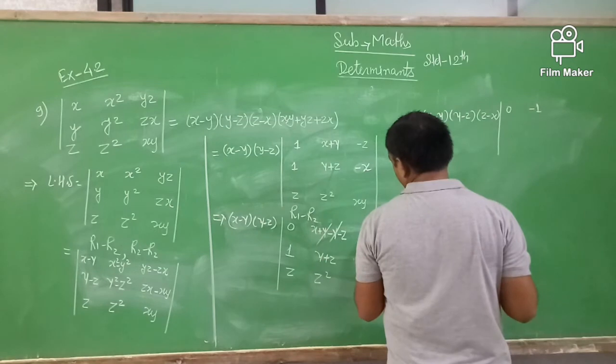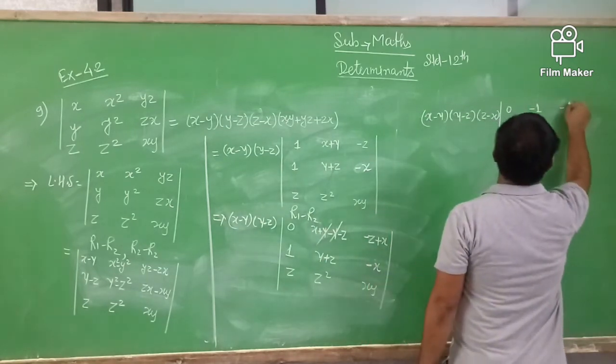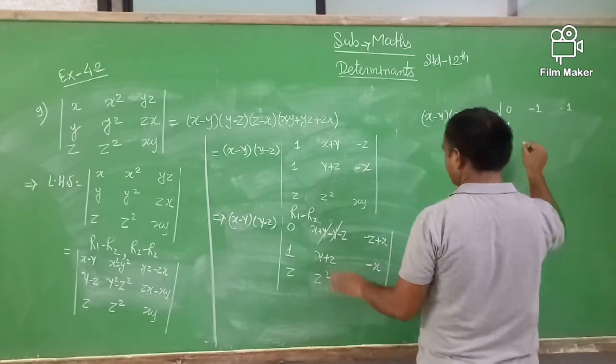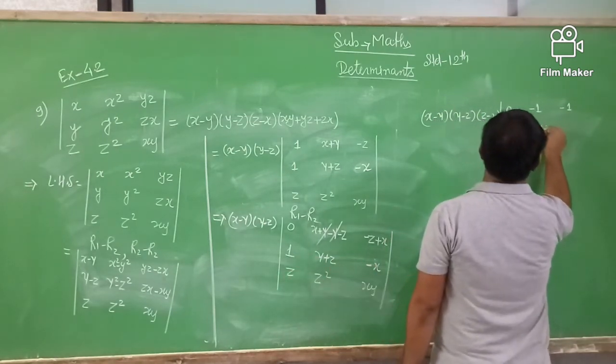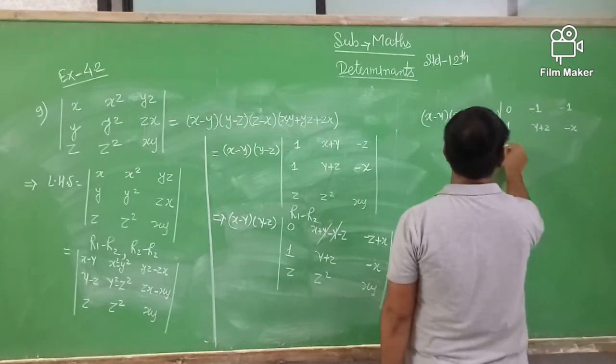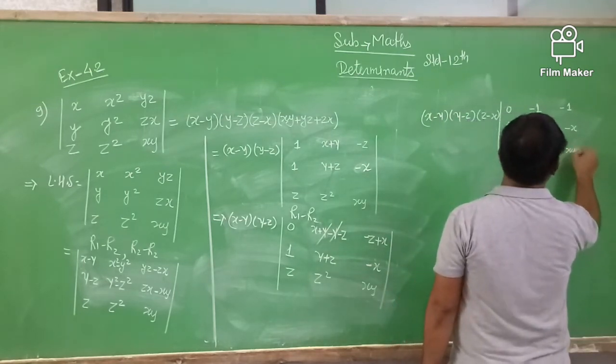Here also x minus z, but I have z minus x, so here is also minus 1. After that 1, then y plus z, then minus x, then z square, and xy.